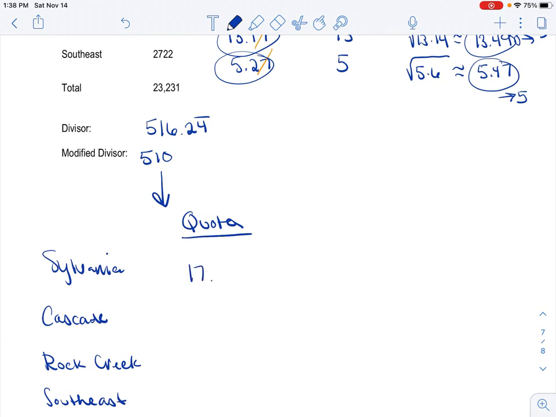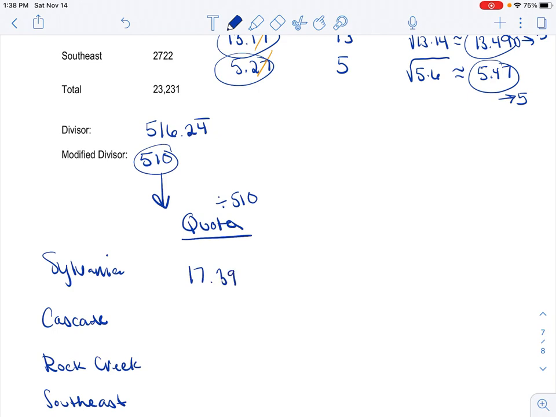So again, I'm taking this from all the information from the previous one because I'm doing Sylvania's population divided by my new divisor, my modified divisor. I got 17.39. I got 9.49. I have 13.33 if I round correctly. And I get 5.34. All right.